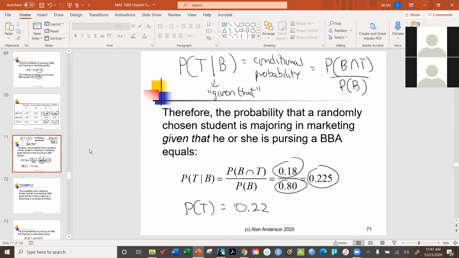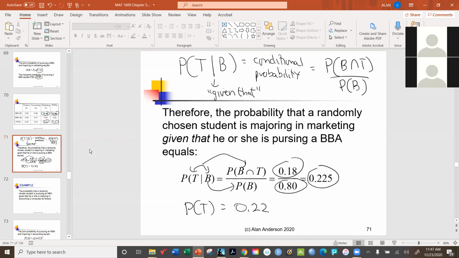Okay, so this is where it's getting a little intense, I know. There's several different conditional probabilities that we can calculate from this table, but they're all done in exactly the same way. The bottom line is that whatever it is, in the numerator, you have the joint probability of these two events. In the denominator, you have the probability of this event.